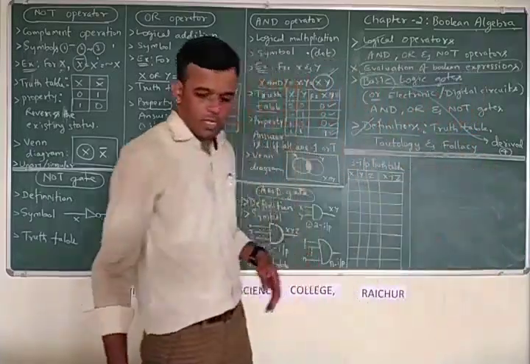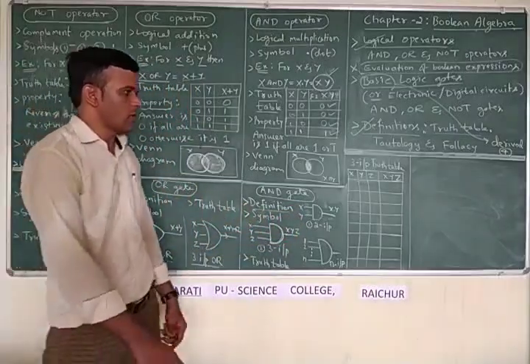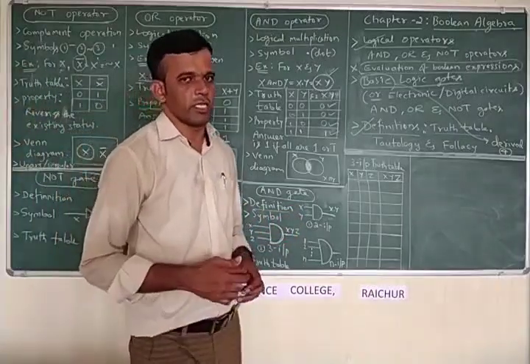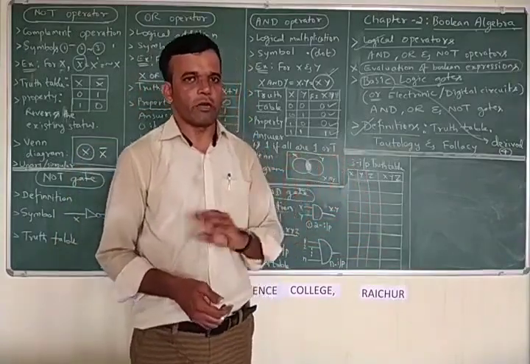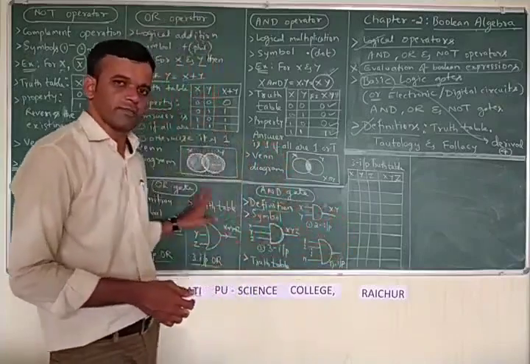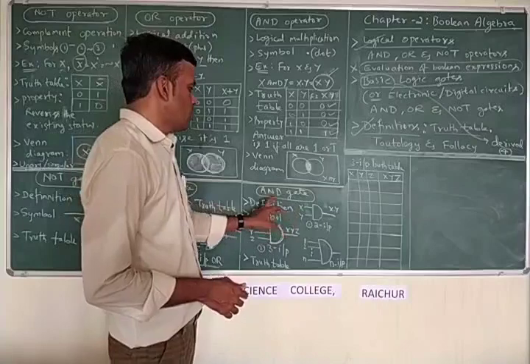Moreover, these gates AND, OR, NOT, again you are going to learn in physics this year, in the same chapter, semiconductor electronics. So again you are going to see these three. So anyhow, we have seen about the AND gate.